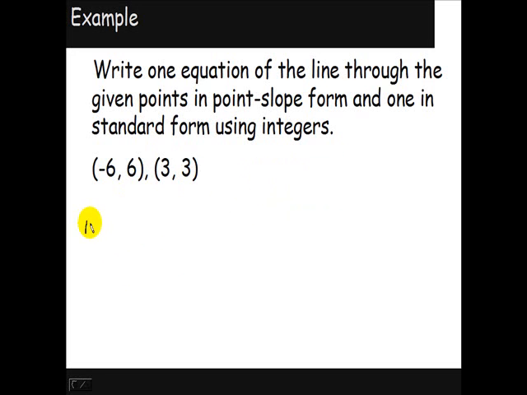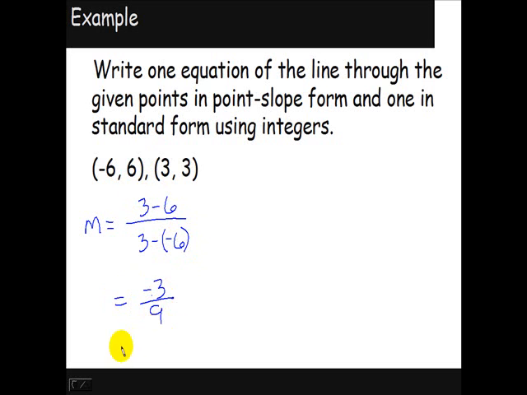Alright, let's find a slope. Hopefully this is exactly what you did. If you haven't done this, go ahead and pause and give it a try anyway. 3 minus 6 and 3 minus a negative 6. Three minus 6 is negative 3. 3 minus a negative 6 is 9.